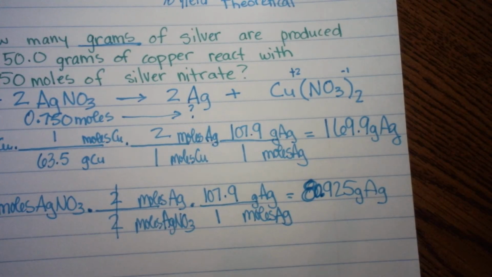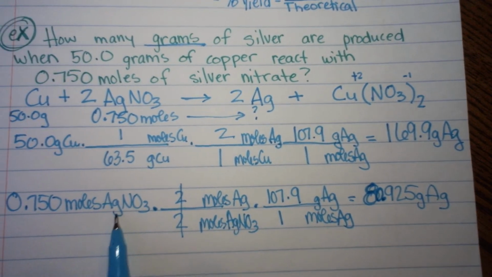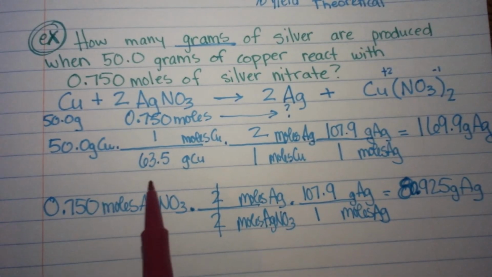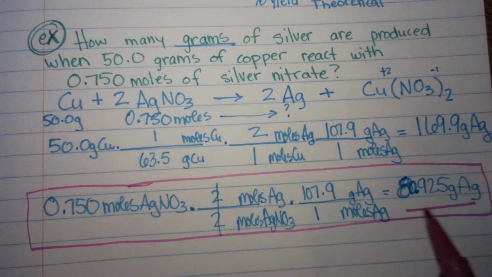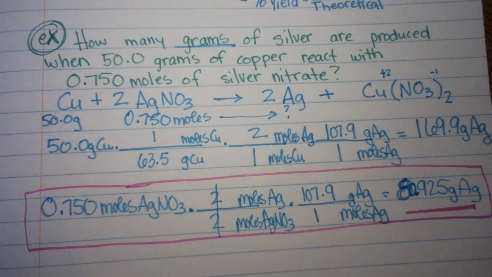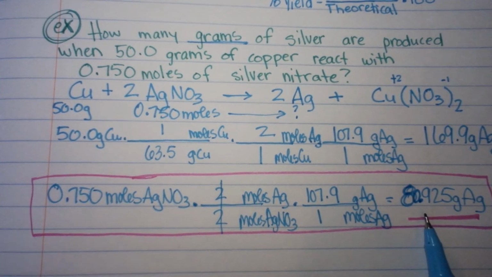So then we say, okay, this silver nitrate was the limiting reactant. So this is the amount that I can use. My question asked me how many grams of silver are produced when I do this. So I can only get 80.925 grams of silver.